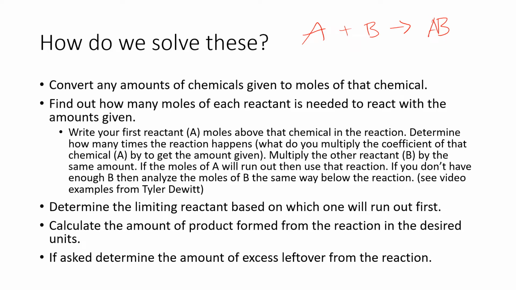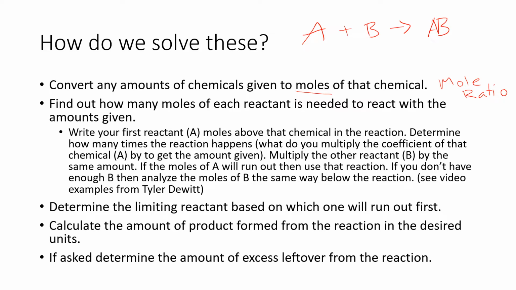We want to take whatever amounts of chemicals we are given in the problem and convert those to moles, because we want to base everything we do off of the mole ratio. The mole ratio is your best friend in these situations. Everything needs to relate to that mole ratio.